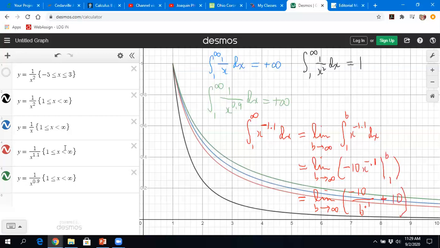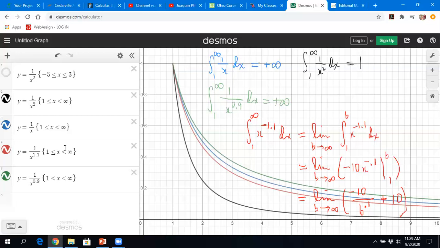Now I ask you, what is that limit? What does that limit end up equaling? I have b to the 0.1, and b is going to infinity, and it's in the denominator. What is the limit of that ratio going to be? What's that? 0, because it's a number over something that's getting giant.